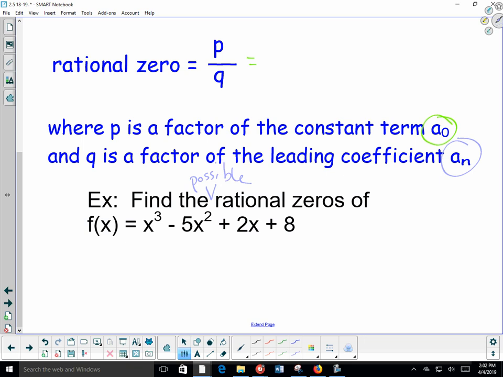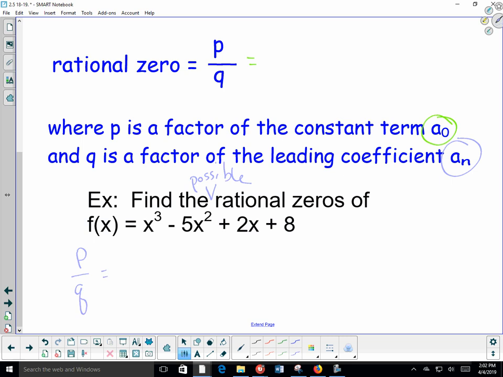You had to apply some various tests to your polynomial. And the rational zero test is one of them. They talk about 3 of them in this section. Unfortunately, I think we're only going to have time for this one test. All right, so in this case, we need to make our list of p over q values.